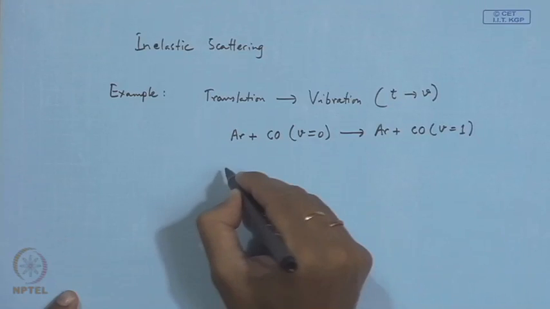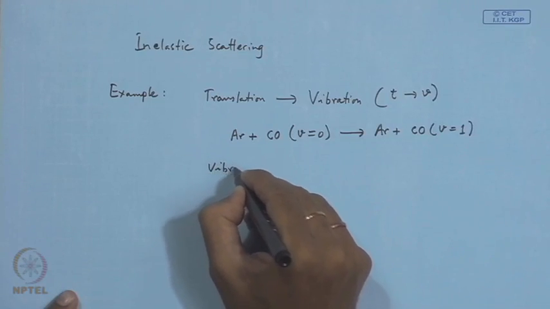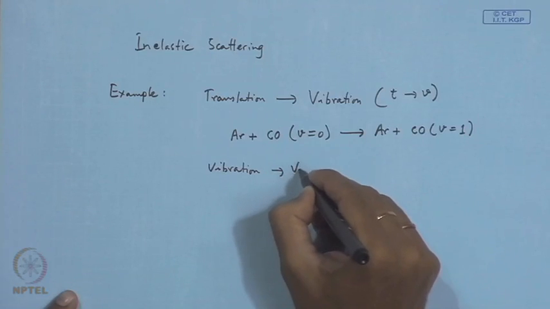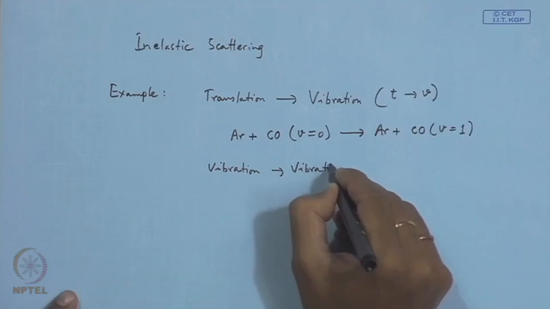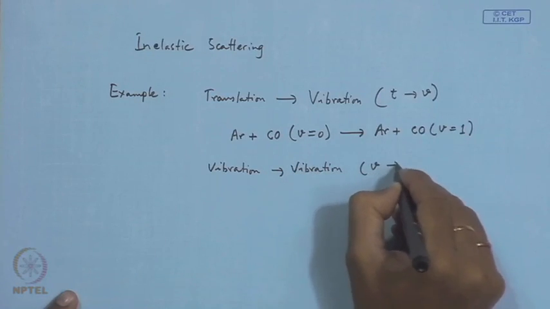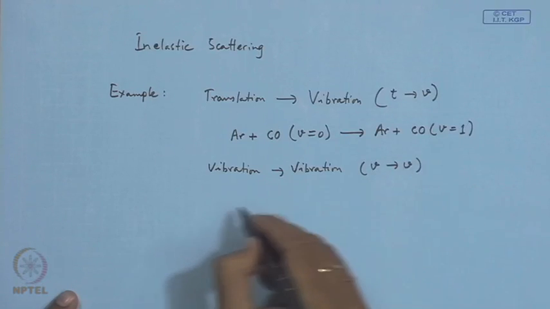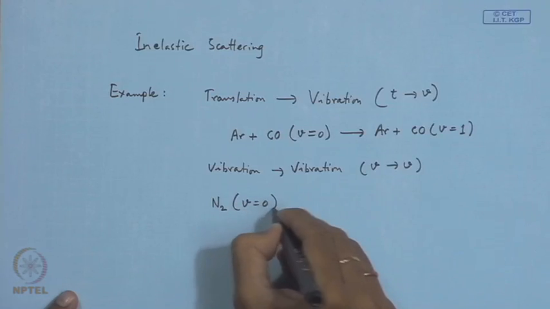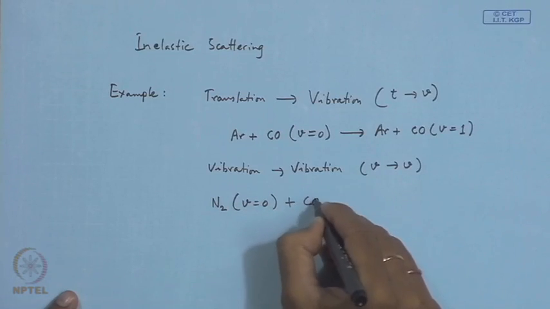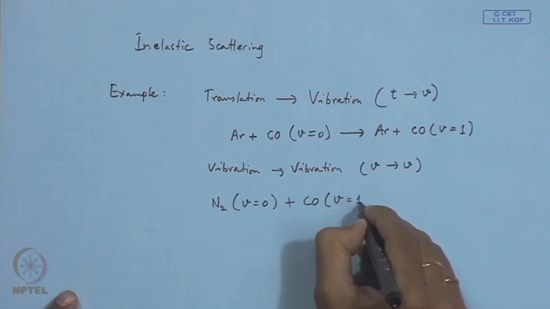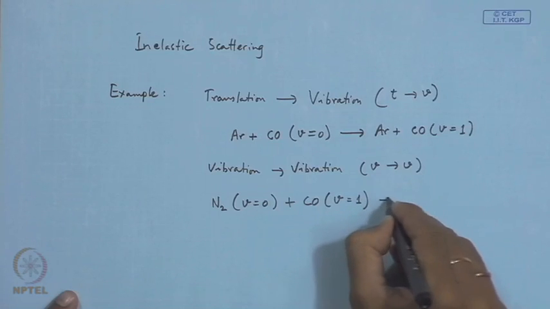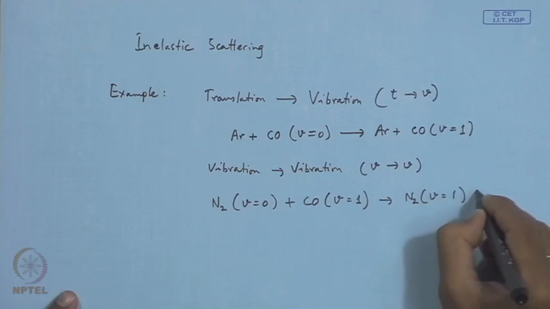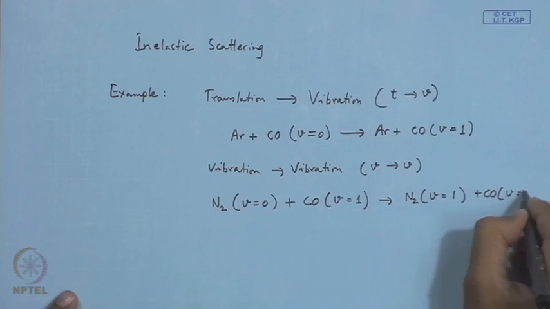Example for vibration to vibration, V to V: say nitrogen V equal to 0 plus carbon monoxide V equal to 1, giving rise to nitrogen V equal to 1 plus carbon monoxide V equal to 0.